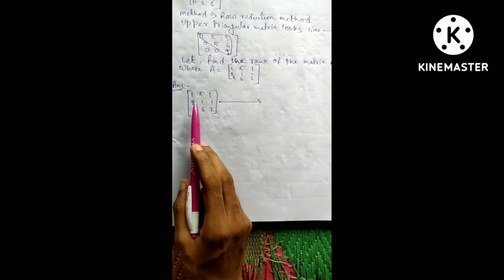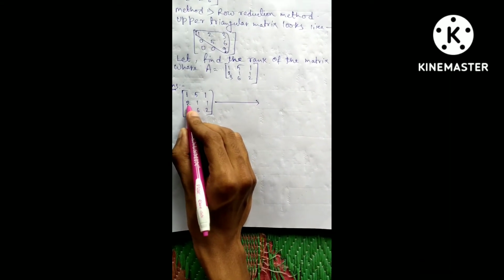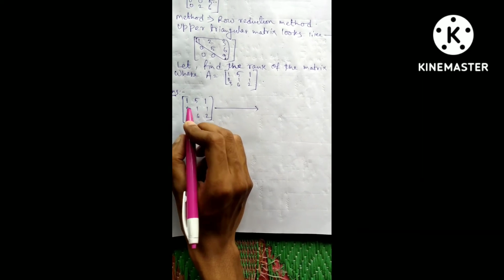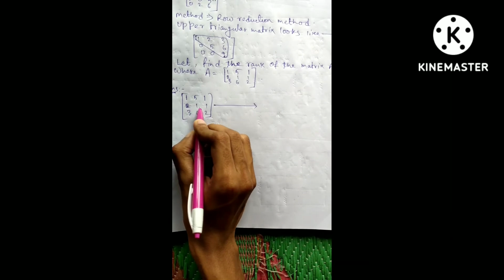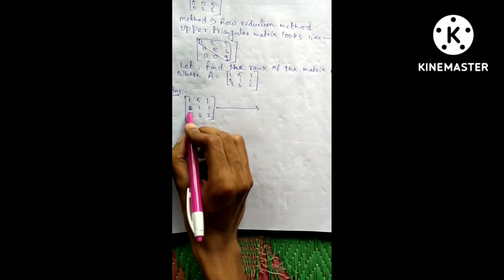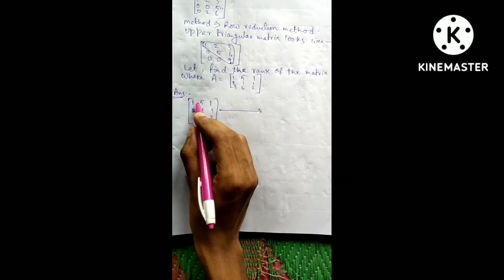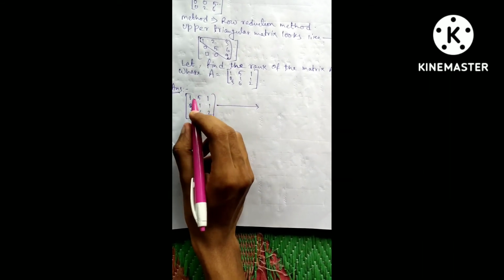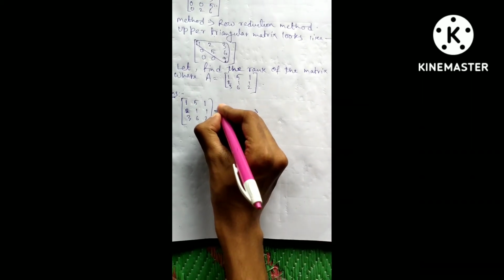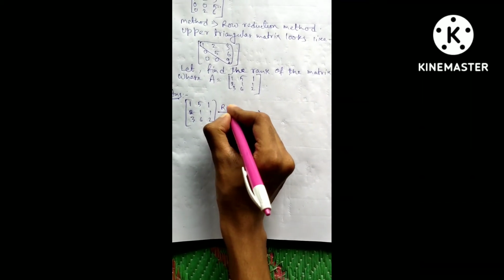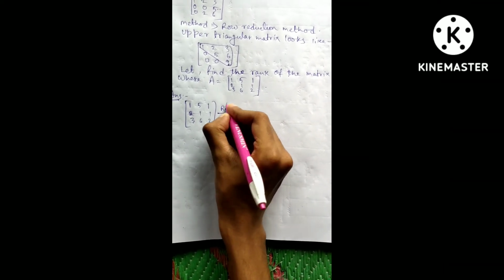Okay. So to make 0, the option is: R2, that means row 2, the second row, is subtracted from the first row multiplied by 2. So the new second row forms by this.